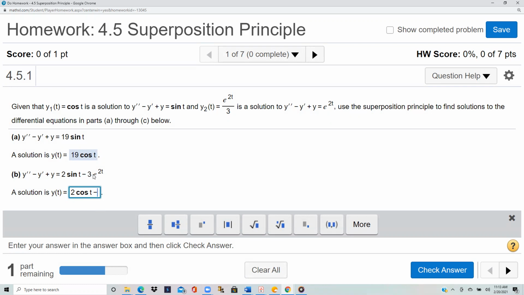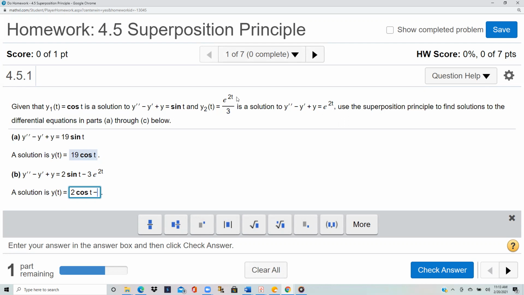And now we have 3e2t. So now over here, we have e to the 2t, and we are told that the solution for that is e to the 2t by 3. So now we are multiplying this right-hand side by 3. So instead of being e to the 2t, here we have 3e to the 2t. So you will multiply the solution also by 3.